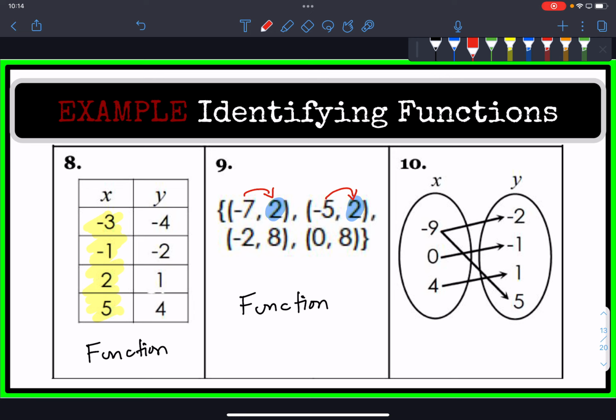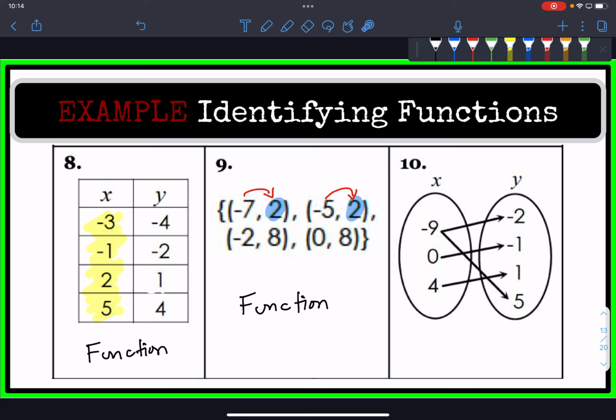But because -7 is only paired up with one y value, it's a function. It doesn't matter that another number is also paired up to the same y value. That doesn't matter, just as long as this doesn't get paired up to a second number. And the same thing with any one of these values here. As long as any one of these four numbers does not get paired up to a second value, then it's going to be a function.